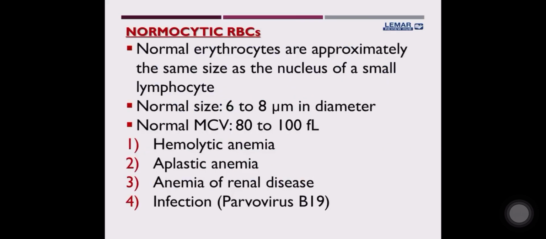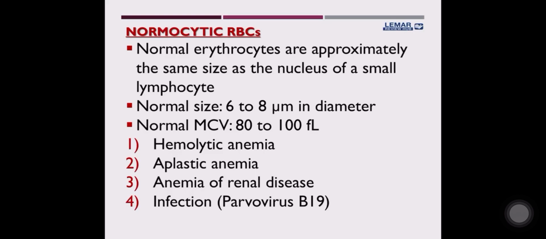Normocytic or red cell with a normal size. The normal red cell is the same size as the nucleus of a small lymphocyte. Normal RBC are about 6 to 8 micrometer in diameter and an MCV value of 80 to 100 femtoliter. Normocytic red cell can be seen in, of course, normal condition.